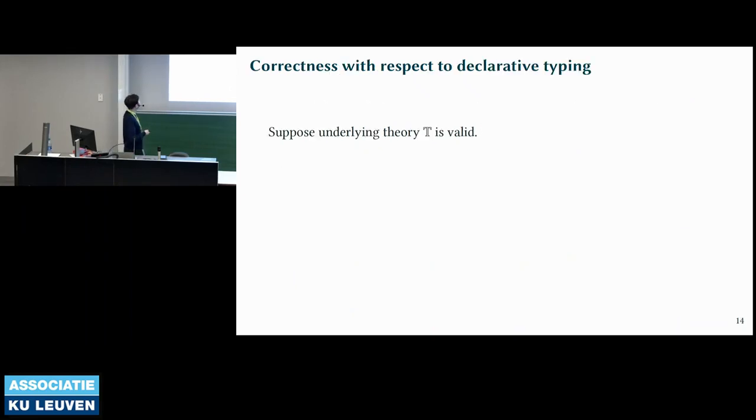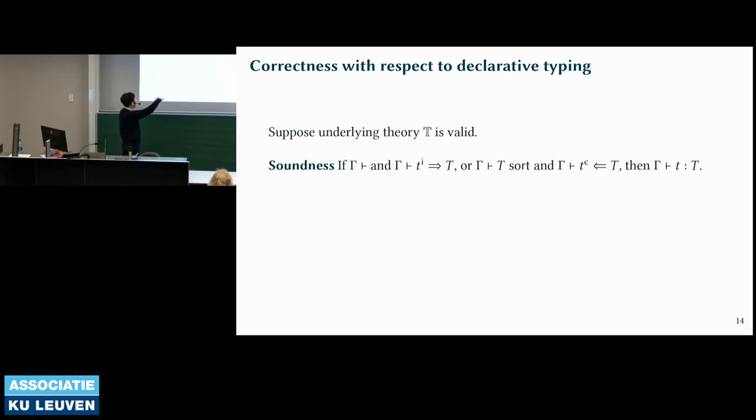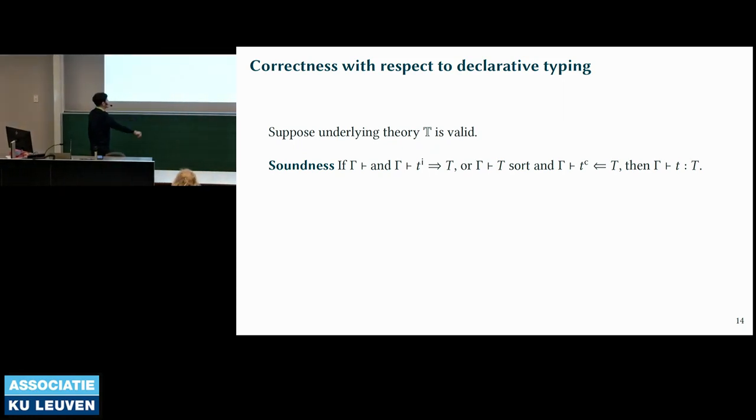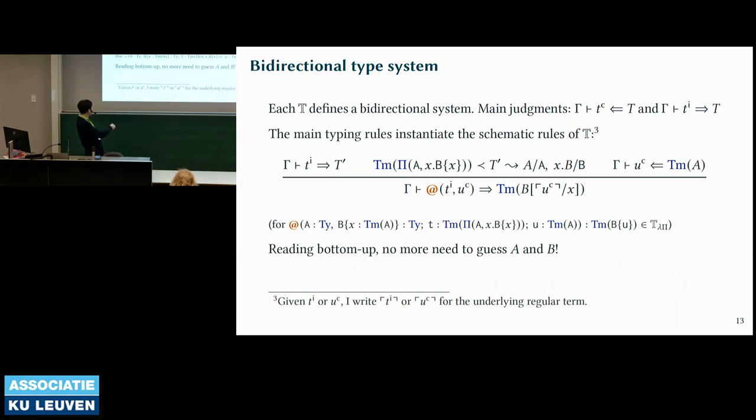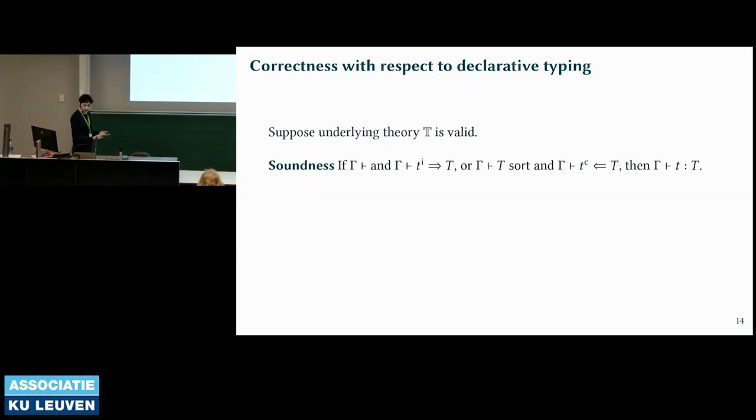Okay, so this is a condition that I'm omitting here to simplify the talk. So let's forget about this. It's in the paper. We have then the correctness with respect to the declarative system. The first part, which is soundness, says that if the bidirectional system infers a sort for a term or type checks a term, then the judgment is also true in the declarative system.